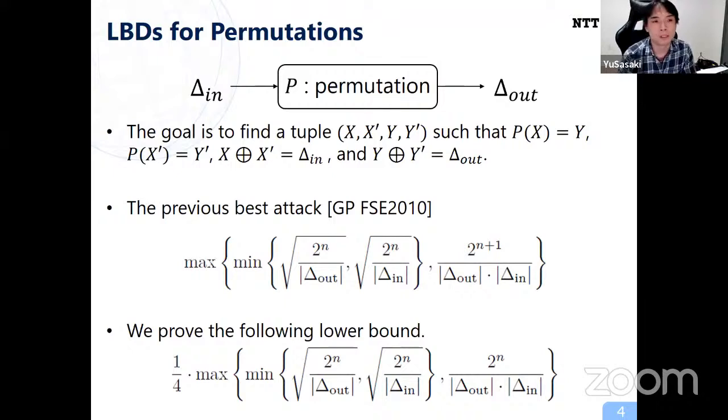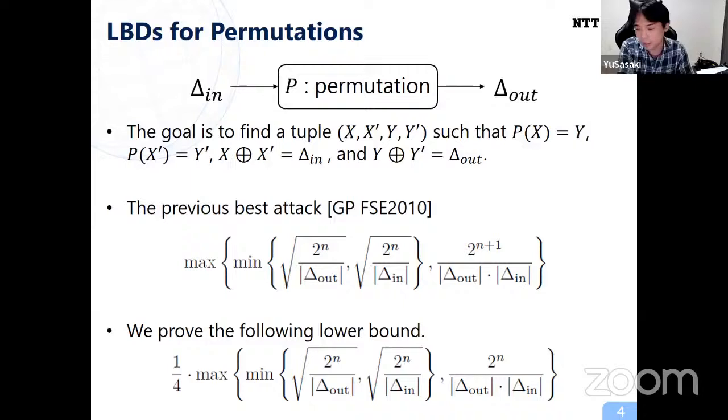This is a one-page slide for the proof results. Limited birthday distinguishers first specify a set of input differences and a set of output differences. The goal is to find two texts x and x' such that the input difference and the output difference are in the pre-specified sets.